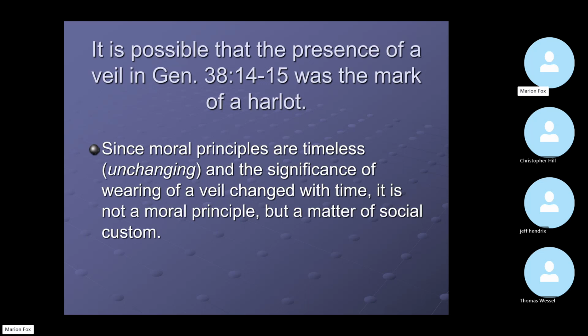When Hannah was praying, Eli could see her face, so she wasn't wearing a veil over her face in that sense. Okay, you know that to be the case. So it's not a moral principle, but a matter of social custom. It has to be. If this is a timeless principle, it has to be a custom.